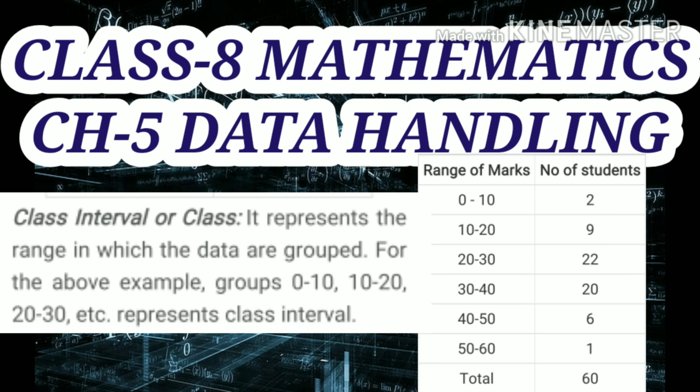First of all, we will discuss class interval. Children, class interval represents the range in which the data are grouped. For example, in this given table, you can see we have formed the groups 0 to 10, 10 to 20, 20 to 30, etc. All these groups represent class intervals. Similarly, you can also find some more groups here, which are 40 to 50, 50 to 60.